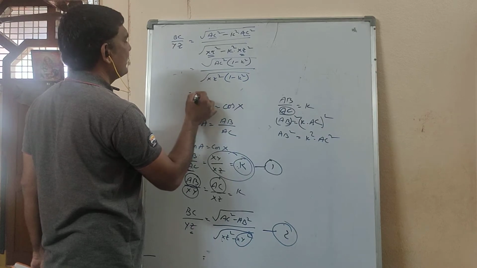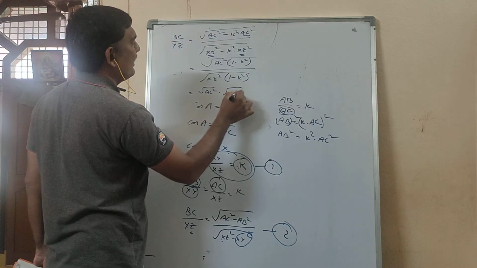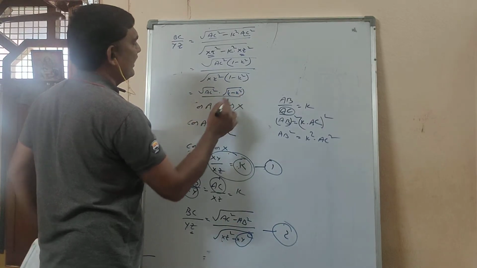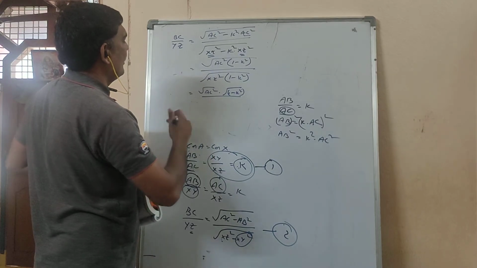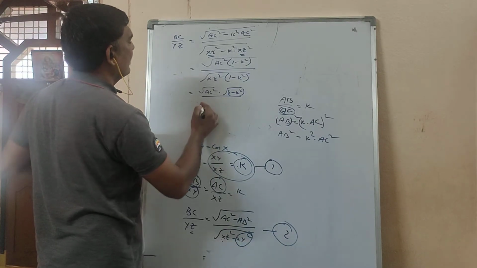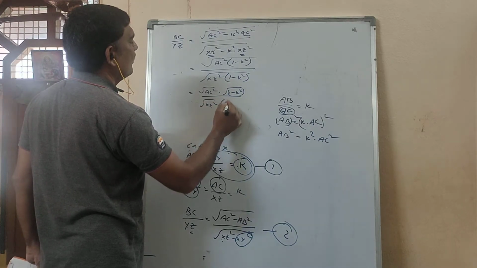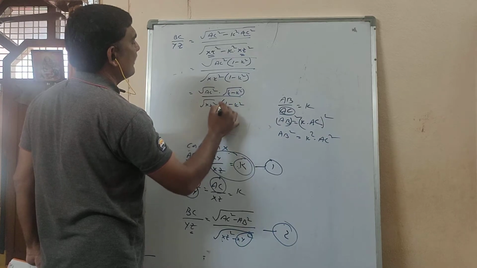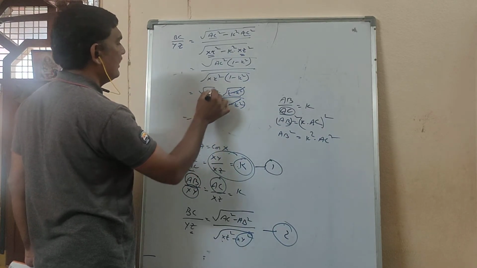So here this becomes a root AC square into root 1 minus K square divided by root xz square into root 1 minus K square. So root 1 minus K square, root 1 minus K square cancelled.